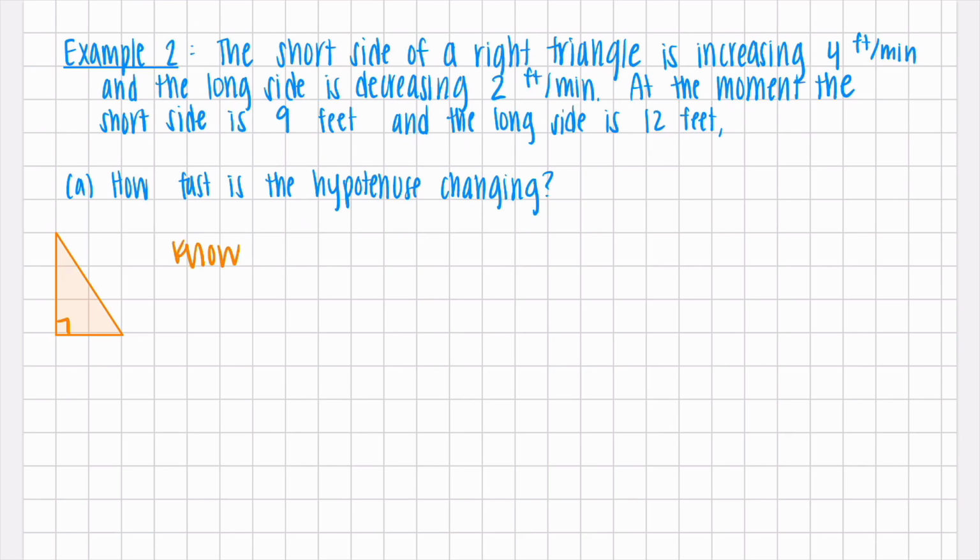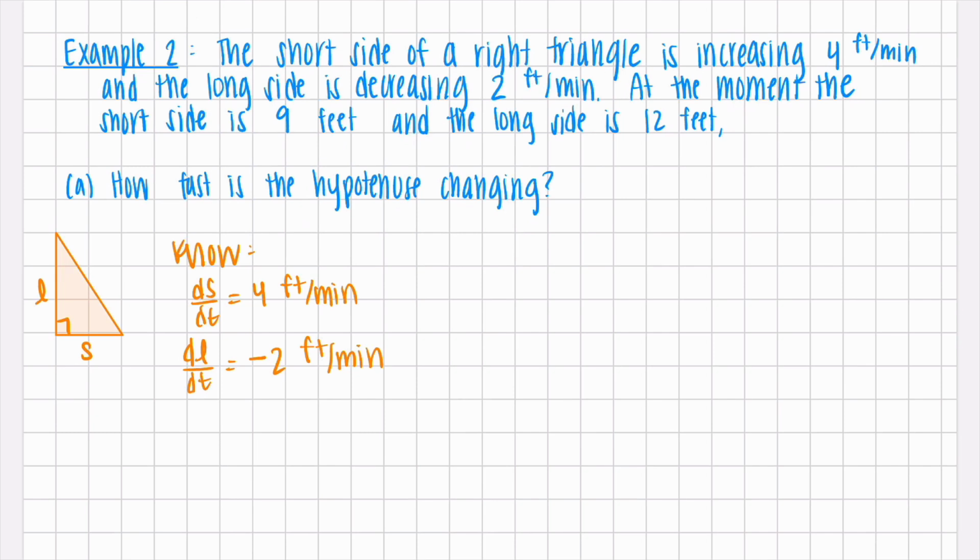We know we're talking about a short side and a long side, so I'm going to say S and L. The short side, ds/dt, is increasing 4 feet per minute, and the long side is decreasing, so dL/dt is -2 feet per minute.